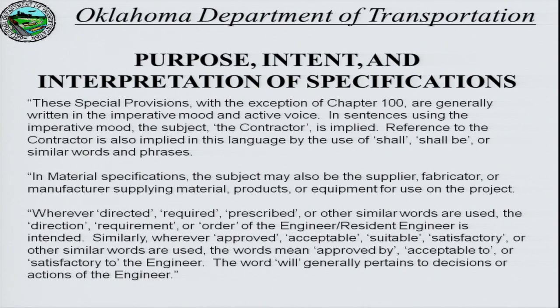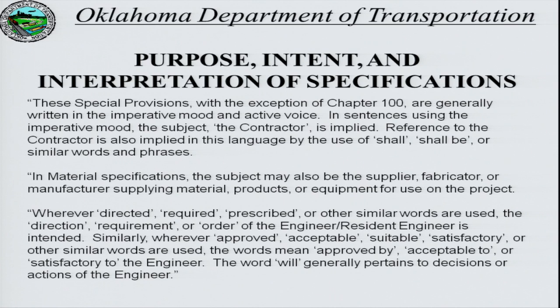Yeah, that middle part just talks about how sometimes we do specify someone else. So in material specifications, for example, the subject may also be the supplier, fabricator, or manufacturer of that material. The bottom part, you see a long list of words where it says wherever directed, required, prescribed, or other similar words. The intent is that we're saying that is the responsibility of the engineer or the resident engineer.